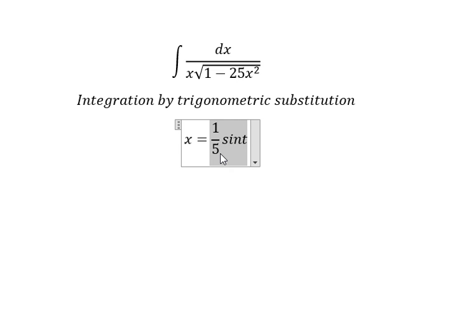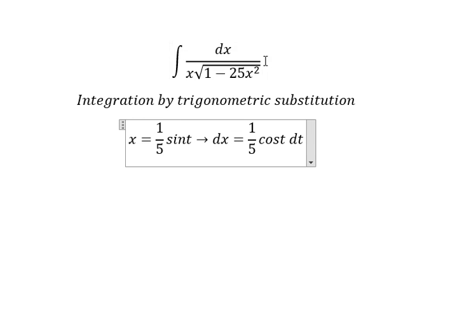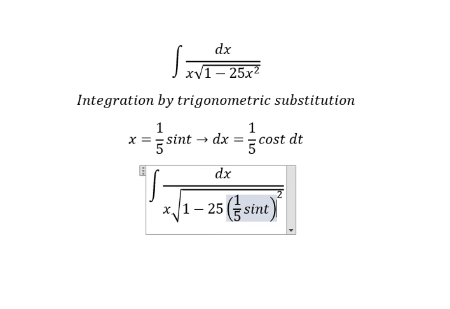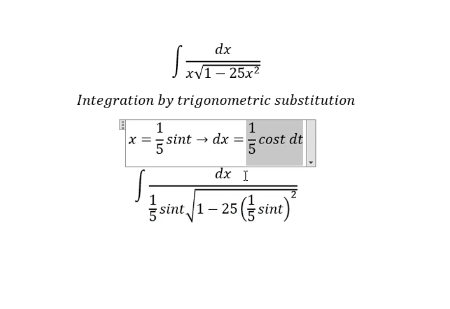Number 25, we can simplify. 1 minus sine t squared, we change by cosine t squared, and later we simplify the square root and dx. This one you get 1 over 5 cosine t dt. So I will put this one in here and here. dx we change by this one.